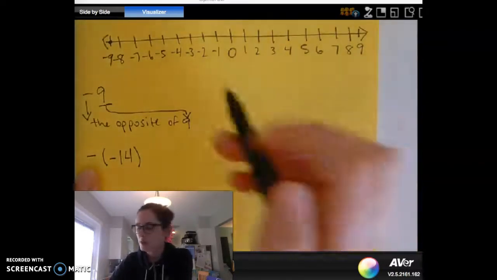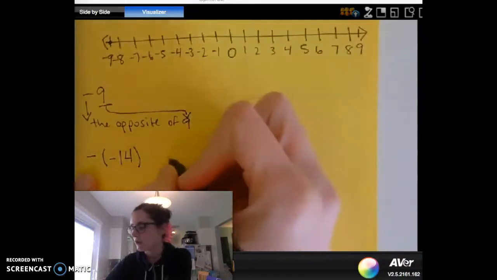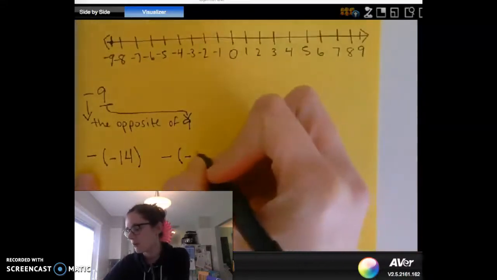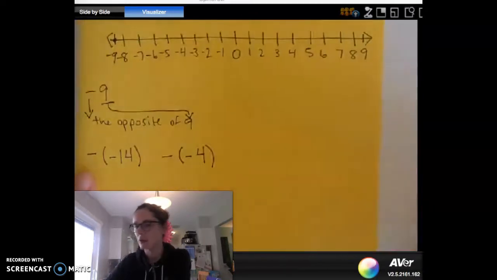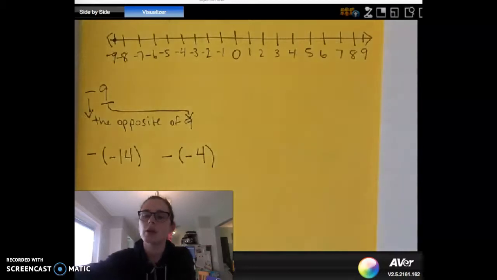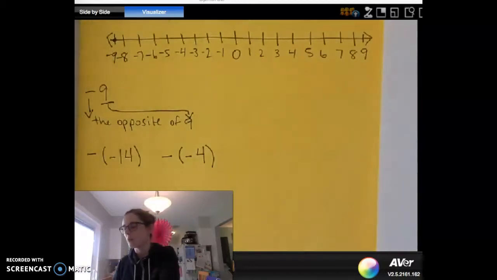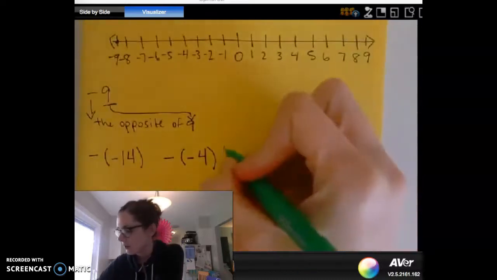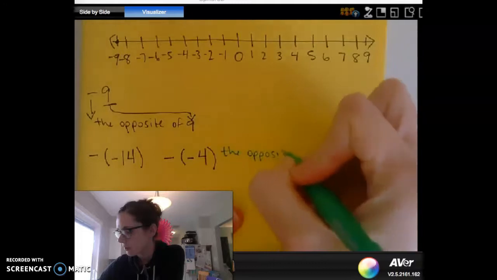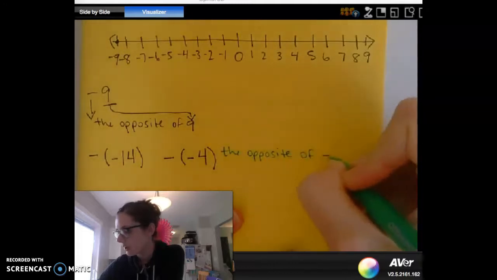So let's try it with a different number. Let's do the opposite of -4. We'll make this simple right now, okay? So let me get some color coding going on here. I like to read this as the opposite of -4.